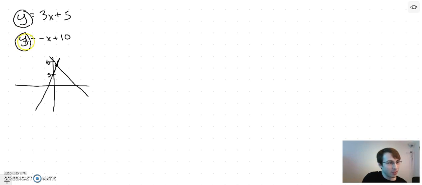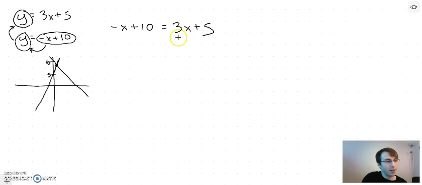So why don't we substitute the expression for this y in for the y in the first equation? We know that the y's are equal. So we can say that negative x plus 10 equals 3x plus 5.